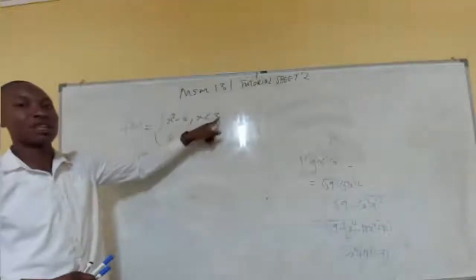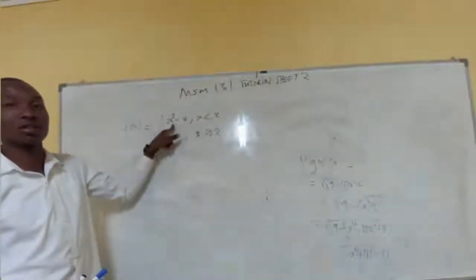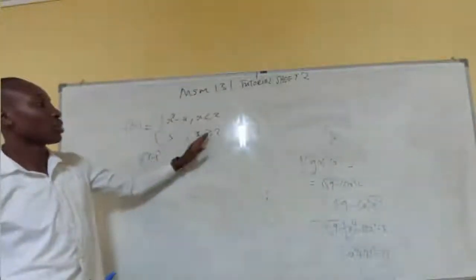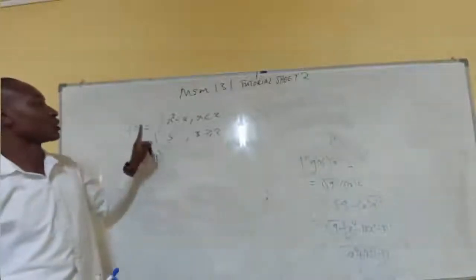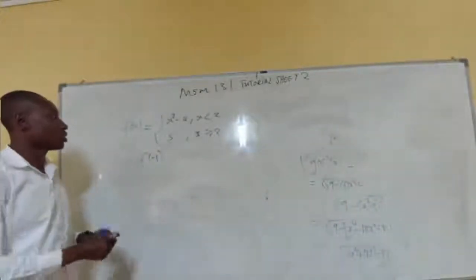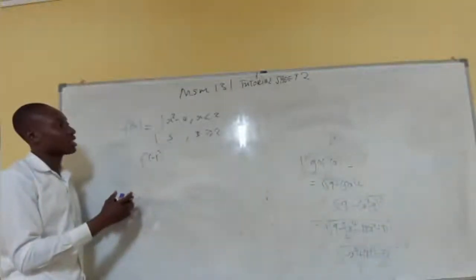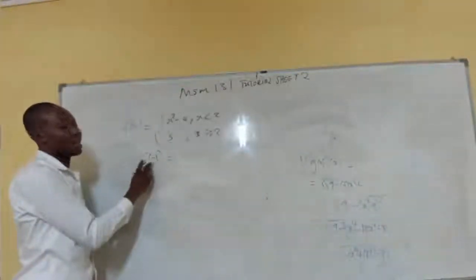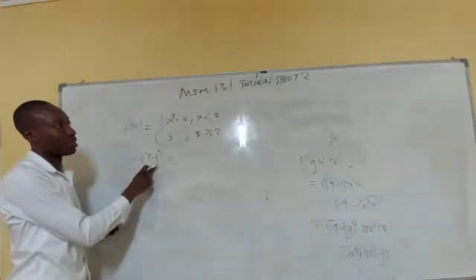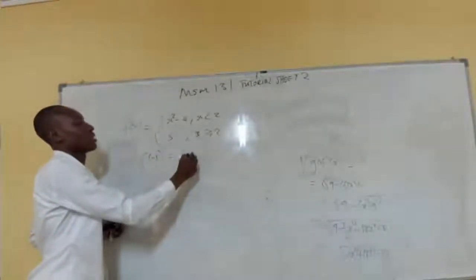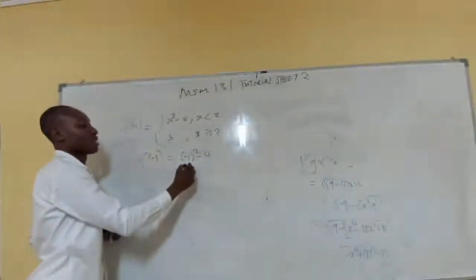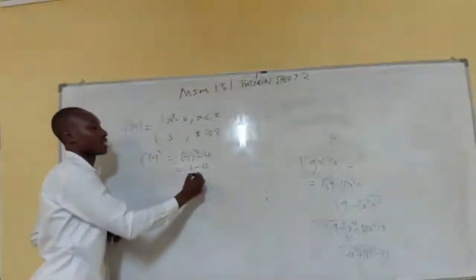For any value greater or equal to 2, the function f of x will always be 5, right? So f of negative 1, is it greater than or is it less than 2? Negative 1 is actually less than 2. So meaning this is negative 1 squared minus 4, which is simply 1 minus 4. The answer is negative 3.